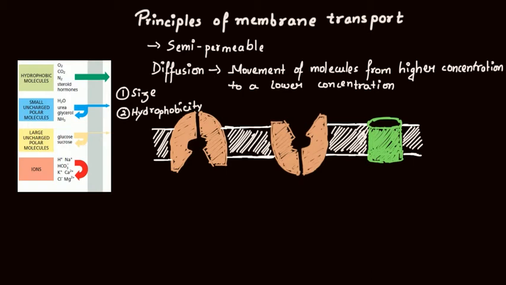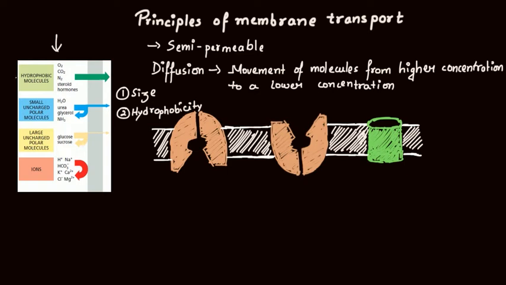And since the phospholipid bilayer is composed of hydrophobic tails, the molecules that move through this layer need to pass this hydrophobic tail layer, and hence if the molecules are more hydrophobic in nature, then they can quickly pass the membrane with greater ease.